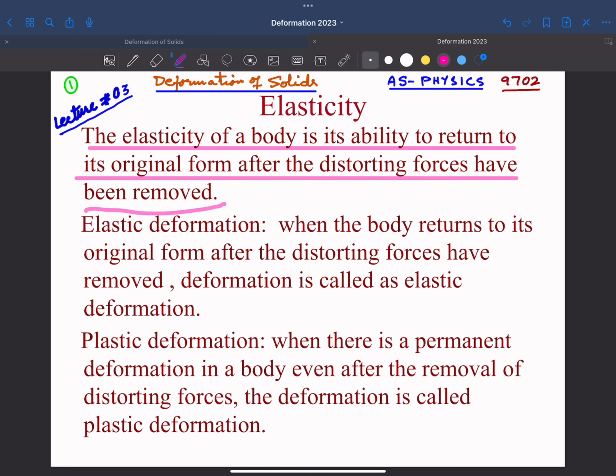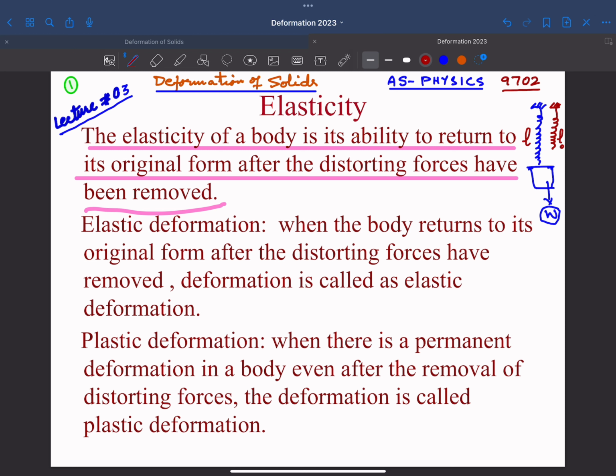Yani, if you have a situation like a spring attached with a weight, and of course the weight is giving a sort of extension, but when you remove this weight, what will be the situation of this spring? Suppose this was the original length, and this was the length after the extension, when we were hanging weight with the spring.